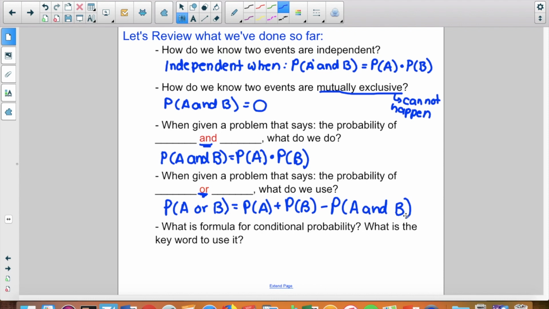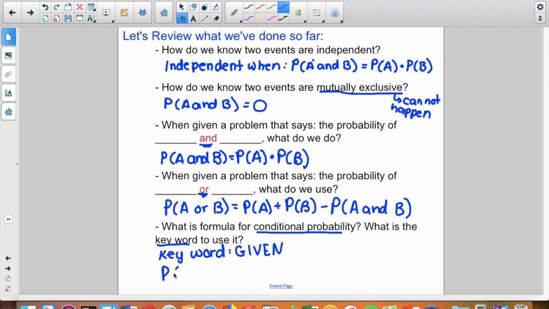All right, and lastly, what is the formula for conditional probability and what is the key word for it? So first things first, I'm going to look at the key word. The key word for conditional probability is given or anything like it, okay? It's when you have a condition on something.